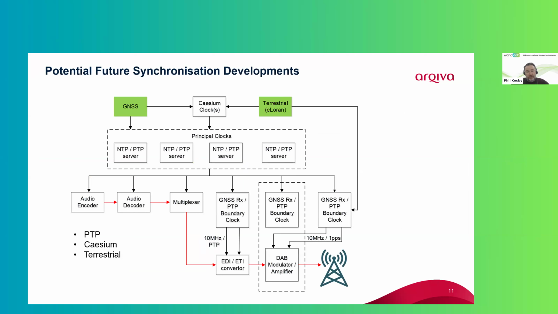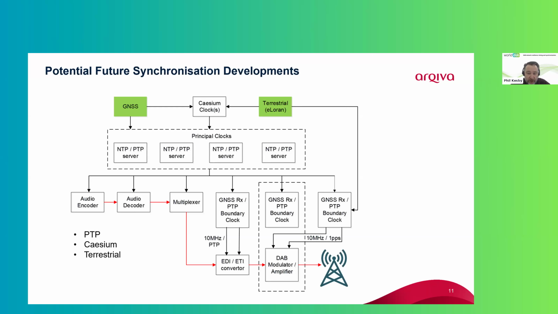So this is just more of a conceptual thing. Of course, we've not really stopped thinking about synchronization inside Arqiva, and we are starting to think about what our next steps might be. So the first thought that we are thinking about now and we're working through is the ability to use PTP. So all of our GNSS receivers are already PTP aware.